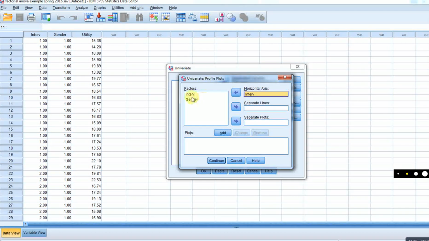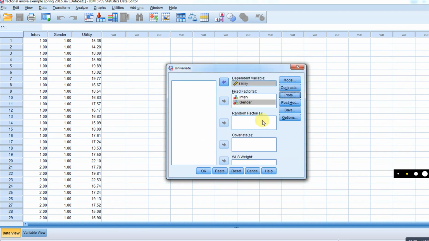So I'll move intervention over to the horizontal axis, click Add, gender, do the same, and then to get the interaction, I'll move intervention over, and for this case I'm just assuming that gender has a moderating effect on the effect of intervention on utility scores, and then I'll click on Add and then Continue. I could also request post hoc tests if I want.